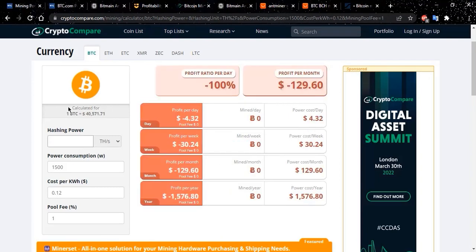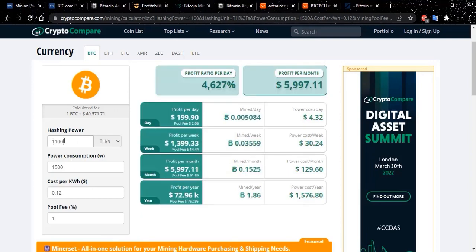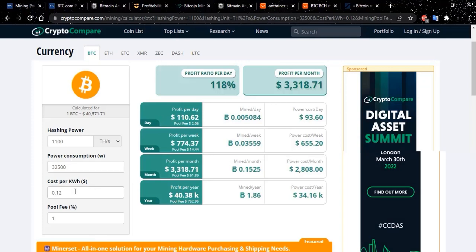Okay, now we will have a small calculation. So imagine we have 10 Antminers. The total hashing power will be 1100, and the power consumption per each machine is 3250. For 10 machines it will be 32,500 power consumption. So I don't know the cost per kilowatt, so you need to type it.